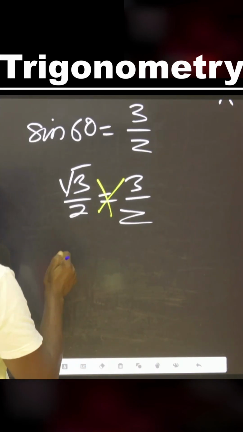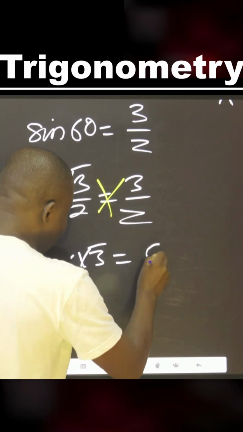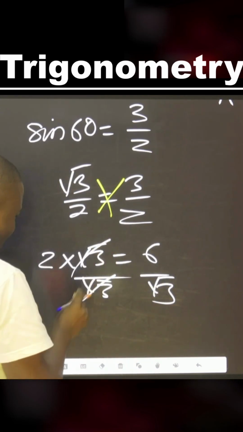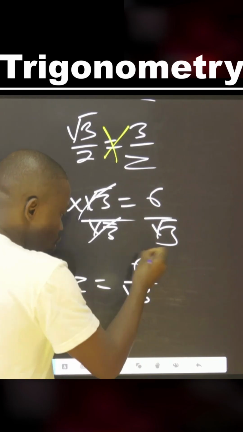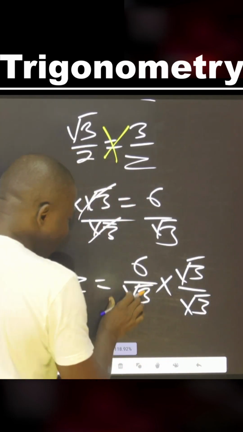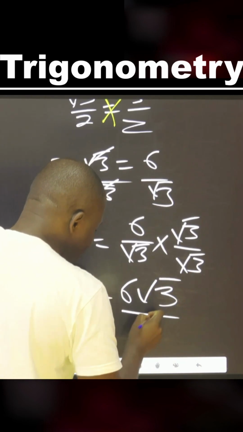Cross multiply to have Z multiplied by square root of 3 equals to 6. Divide by square root of 3, this and this cancel. You have Z equals to 6 over square root of 3. You rationalize this, you have square root of 3 over square root of 3. Please, if you find me too fast, it's because we have done a lot of this in this class.